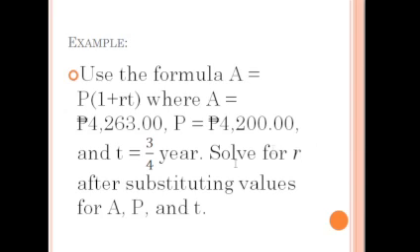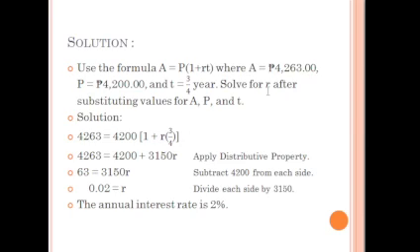We will solve for R, which is the rate of interest, after substituting values for A, P, and T. Okay, so here, our A is 4,263, our P is 4,200, then 1 plus R times our time, 3/4.